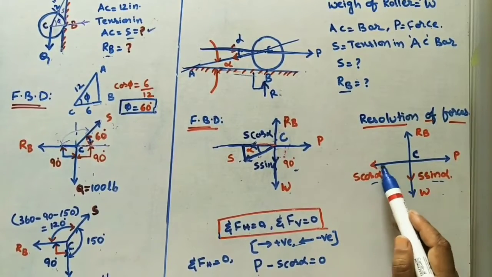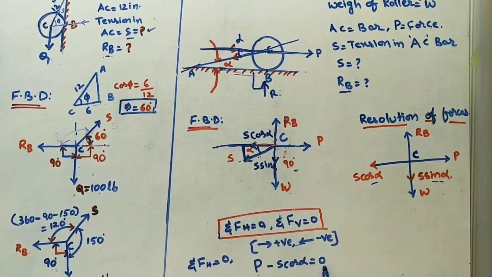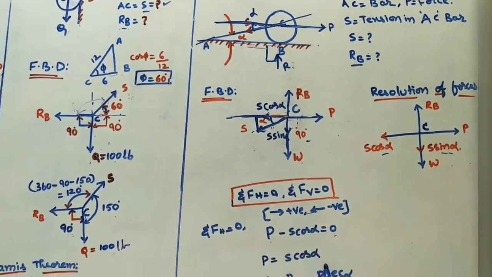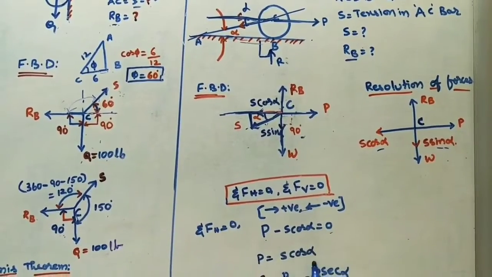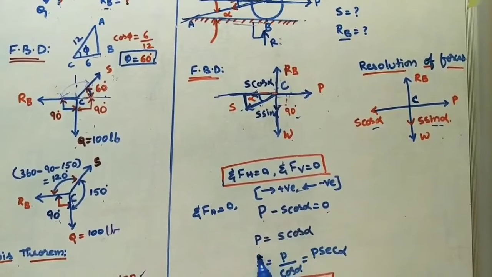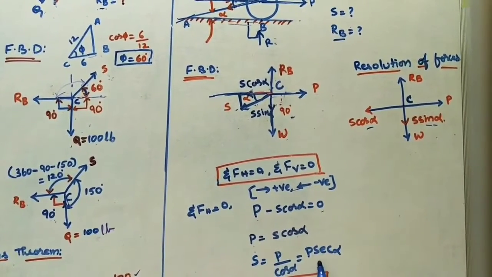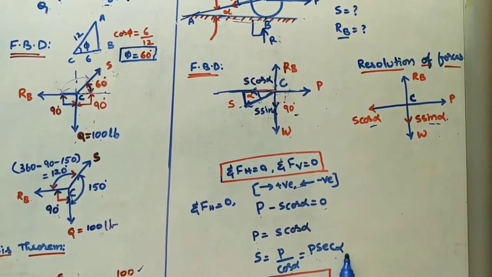Now next component is S cos alpha in this direction, minus S cos alpha is equal to 0. Okay, so here we have to find S value. So let us do P is equal to S cos alpha. Now here we have to find S. S is equal to P by cos alpha. We can write P secant alpha. Okay, 1 by cos means secant, P is as it is, secant alpha.